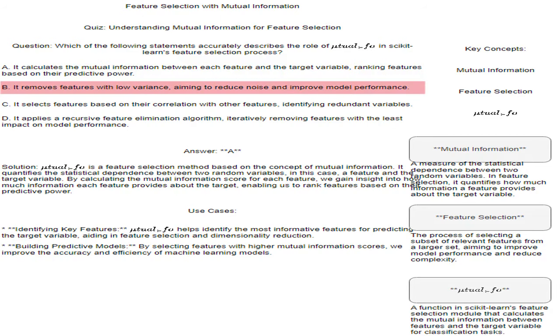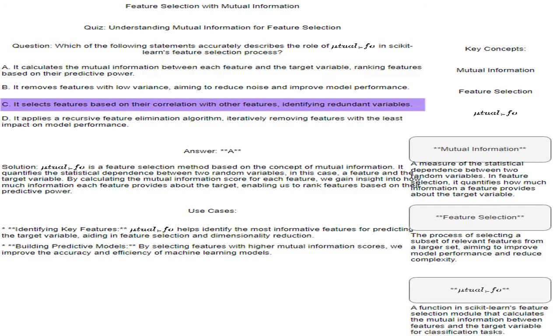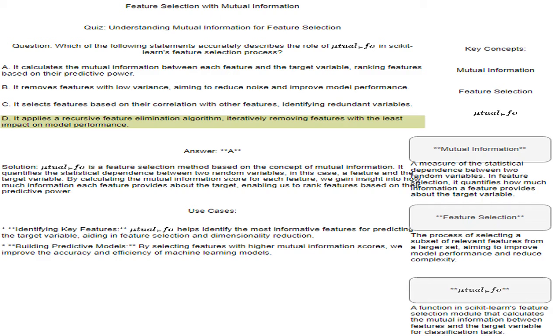B. It removes features with low variance, aiming to reduce noise and improve model performance. C. It selects features based on their correlation with other features, identifying redundant variables. D. It applies a recursive feature elimination algorithm, iteratively removing features with the least impact on model performance.